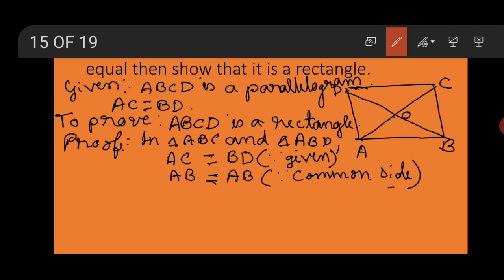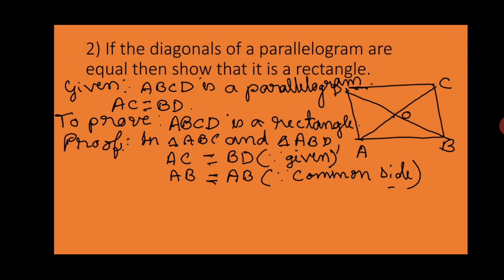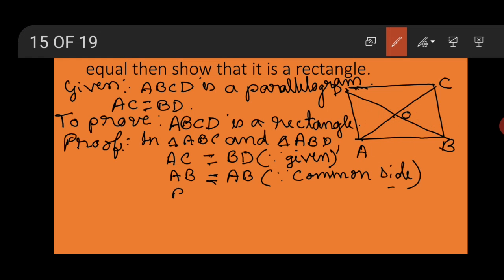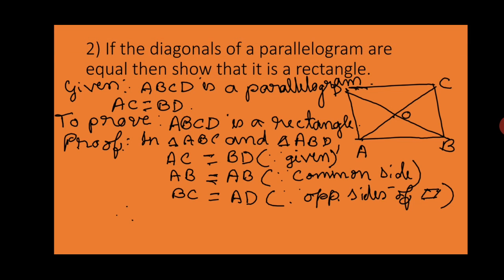And can you say BC is equal to AD? Why? Again, opposite sides of the parallelogram are equal. Therefore, we can write BC is equal to AD. Reason is what? Opposite sides of parallelogram. I will write parallelogram in this way. Therefore, three sides of the triangle are correspondingly equal to three sides of the other triangle, right?